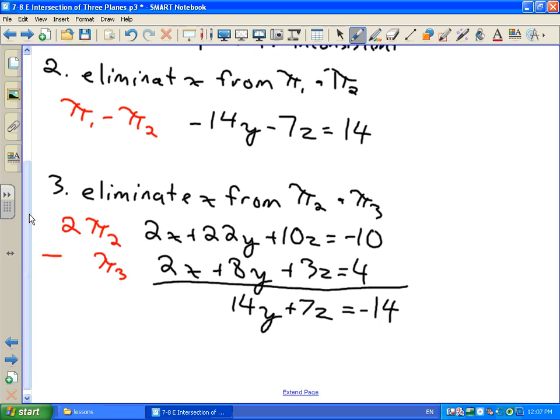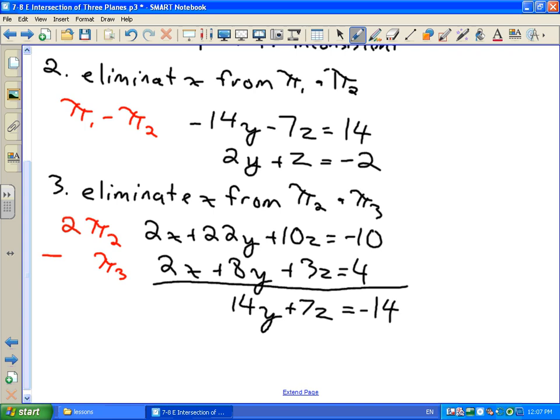Now, our next step after doing this was to take these two equations that we had gotten for y and z and use them to solve for the values of y and z. Let's take a look at these two equations that we've got here. Up here, if we divide everything by negative 7, we get 2y plus z equals negative 2.